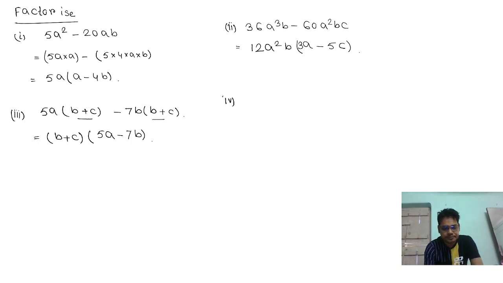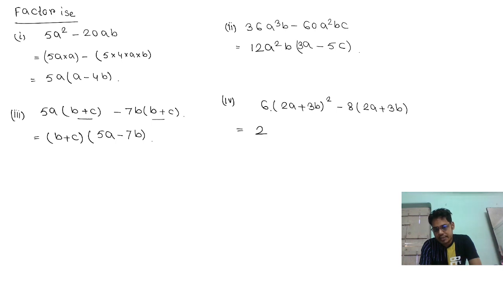Now fourth one, that is 6 into (2a plus 3b) whole square minus 8 into (2a plus 3b). So (2a plus 3b) whole square, we can write as (2a plus 3b) into (2a plus 3b). Now we can take 2 also common there, because 6 and 8 both are divisible by 2. So 2 into (2a plus 3b), first take common.